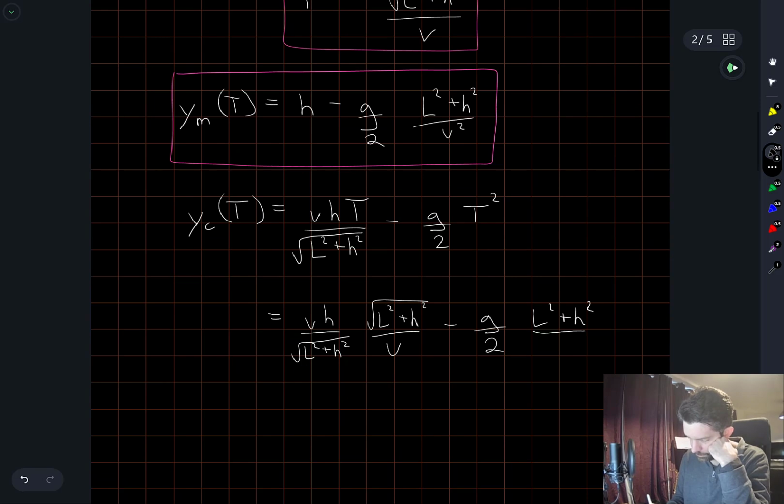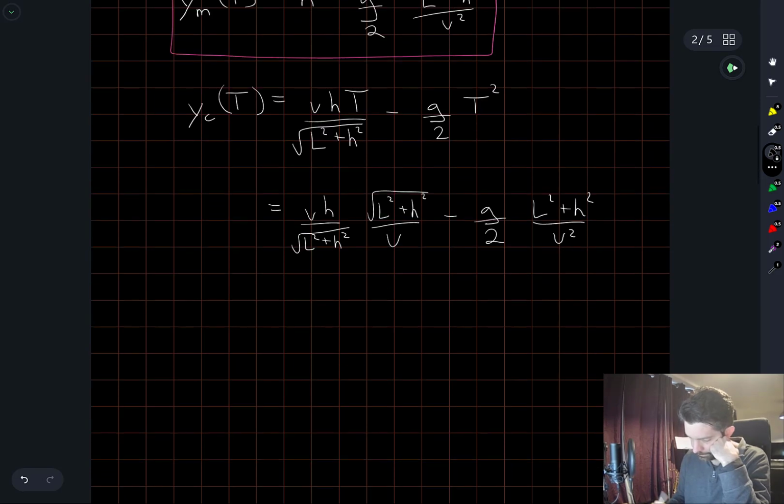And we should see right away that these things are equal. I get a lot of cancellation on the left. This just turns into H minus G over 2 times L squared plus H squared over V squared.